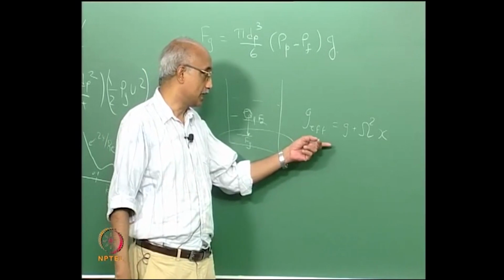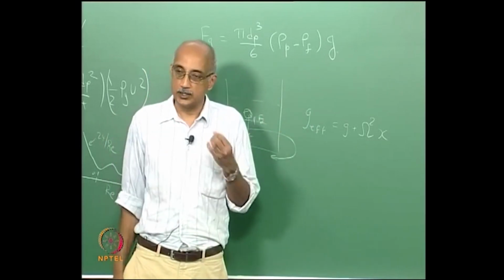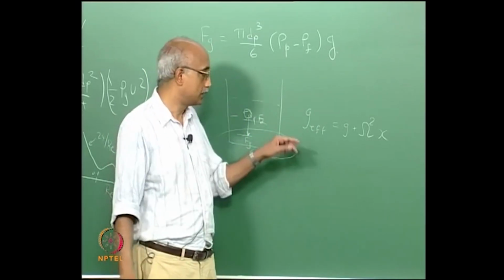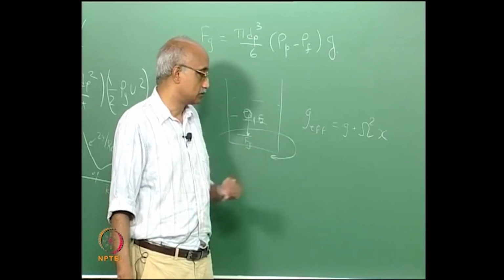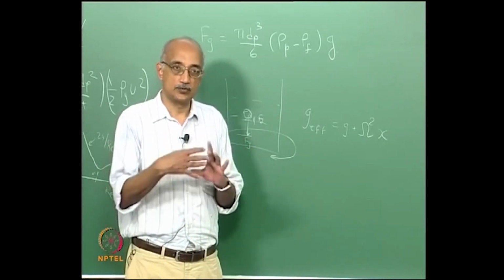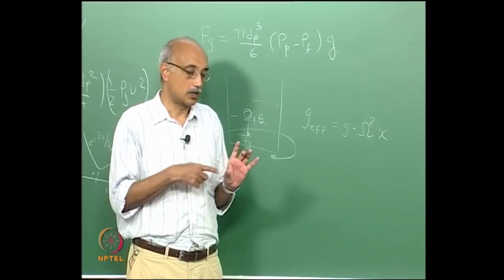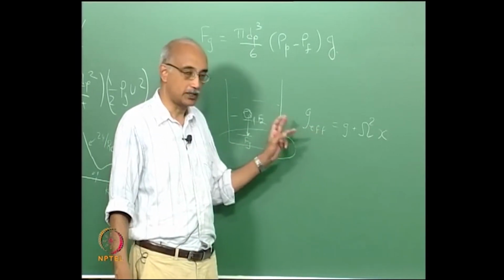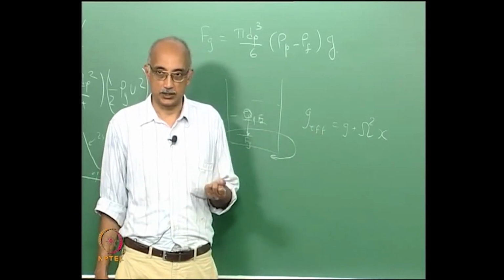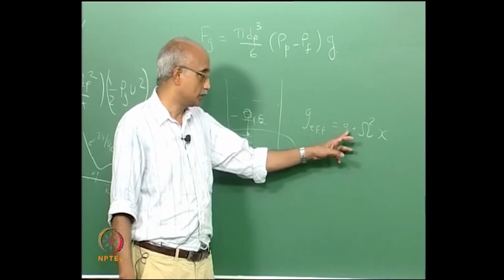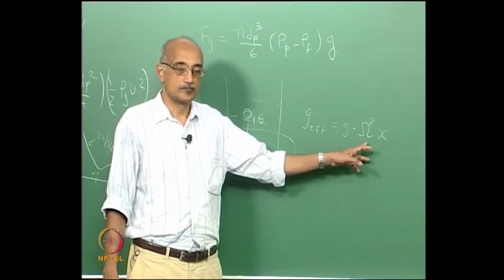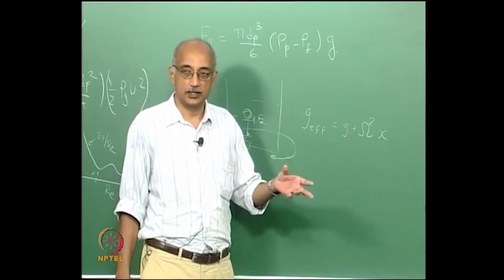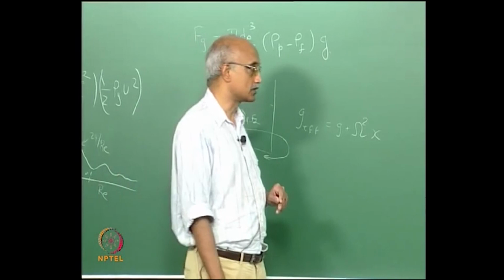So, again in this case, if you want to find out the settling velocity under centrifugal conditions, where the centrifugal field is acting in concert with the gravitational field, you have to substitute for the effective acceleration a term that includes gravitational pull plus the pull due to the centrifugal field that you have superimposed on top of the gravitational field.